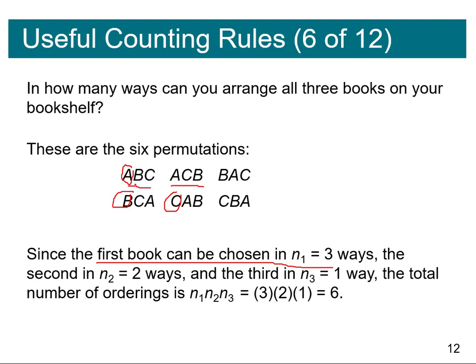Once you've chosen A here, you can either put a B or a C here. And then once you've chosen something for the first and second places, there's only 1 choice for the third place. So by the extended MN rule, we have 3 times 2 times 1, which is 6 ways to permute them or arrange them.